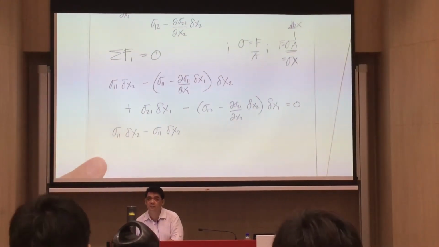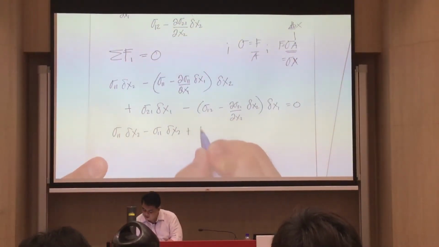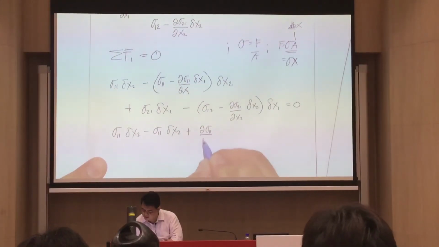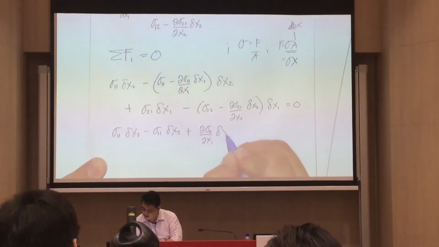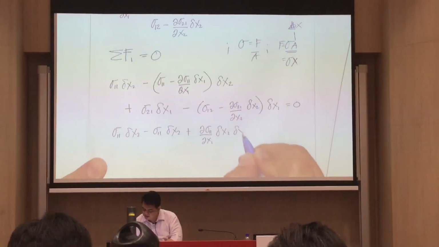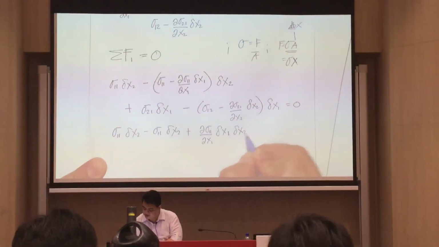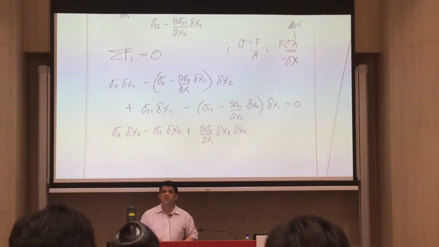And then you have here partial sigma 1,1 with respect to x1, delta x2. Sorry, delta x1 delta x2. Okay?